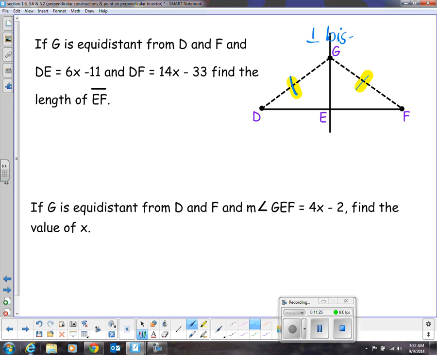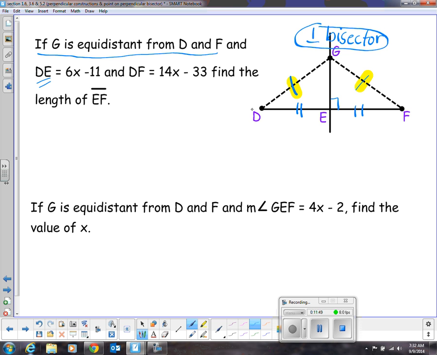So if it's a perpendicular bisector, that means that it has bisected this segment and it has made right angles. So this sentence right here tells me perpendicular bisector, and then perpendicular bisector tells me right angles and two congruent segments. So what do we know about DE?